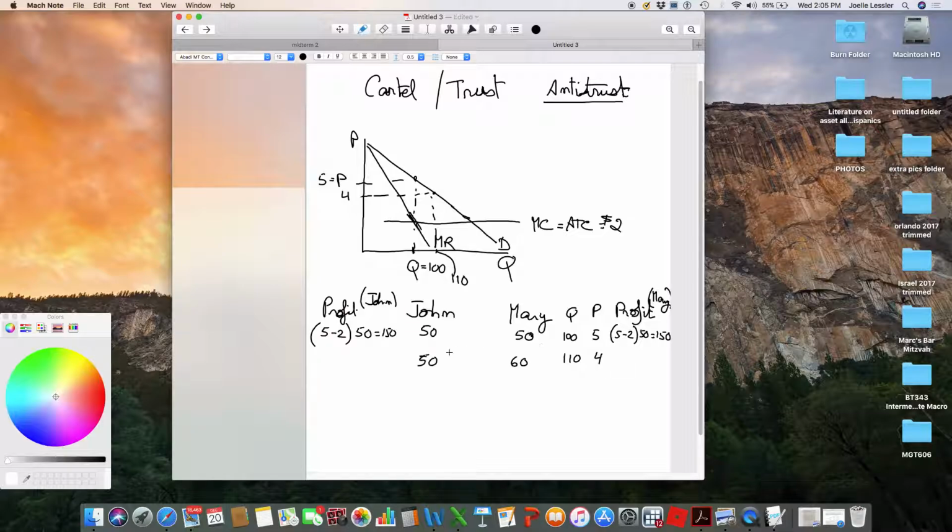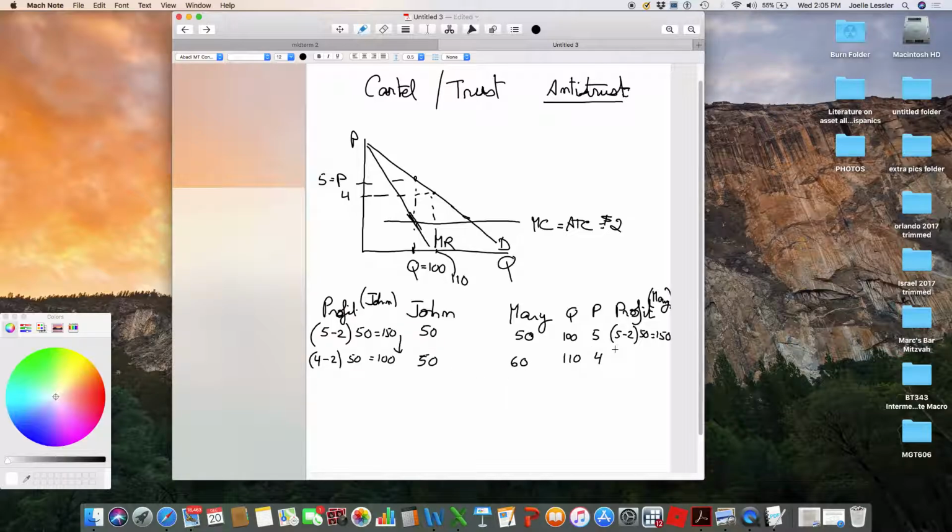So now, how much money does John make? John is still producing 50, but the price he's getting is now $4. So he's going to make $4 price minus his cost times 50. So that's 2 times 50. He's going to make $100 in profit. So his profit went down when Mary cheated on the agreement.